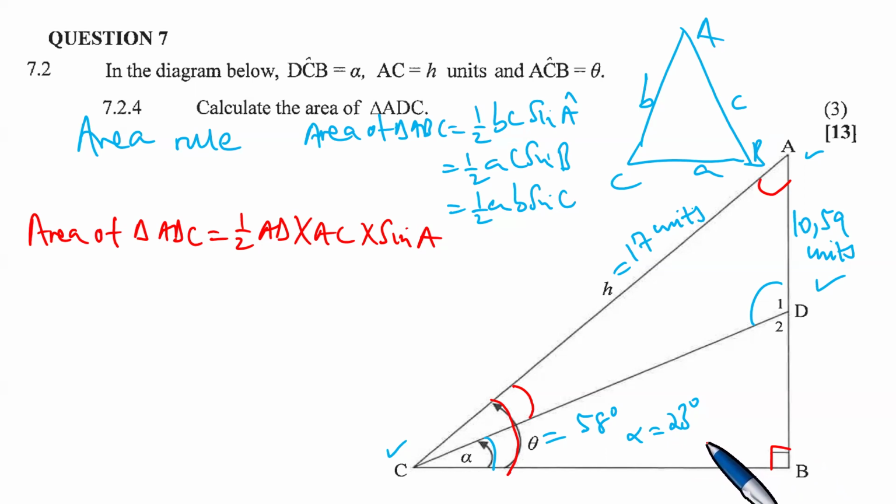So if this is 58, this one is going to be exactly 32 degrees because 58 plus 32 is 90, and therefore 90 plus 90 is 180.